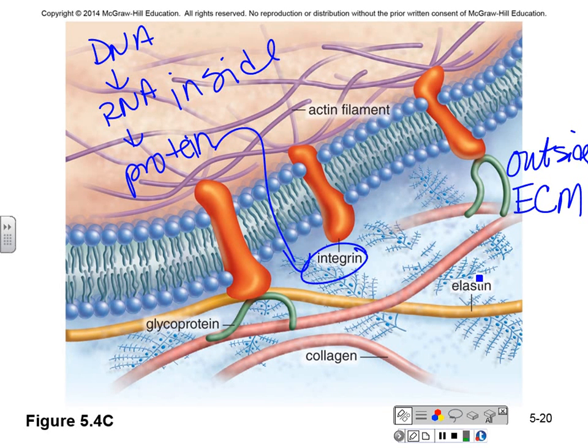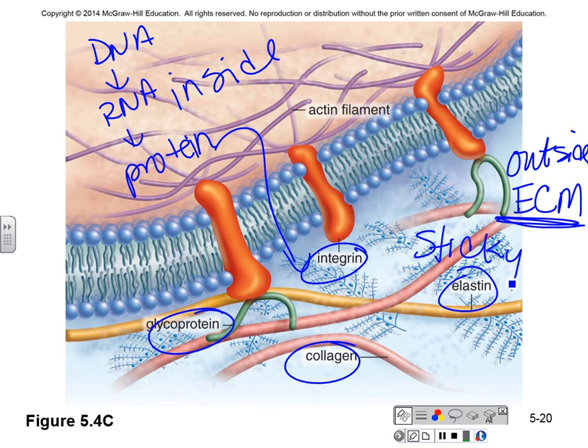Well, guess what? All of these are proteins that were made by the cell and shipped out of the cell, and this extracellular matrix also helps two cells stick together. So this makes like a sticky adhesive that allows cells to help stay together.